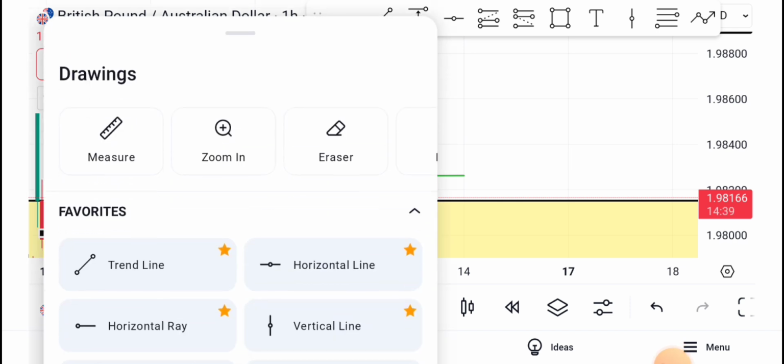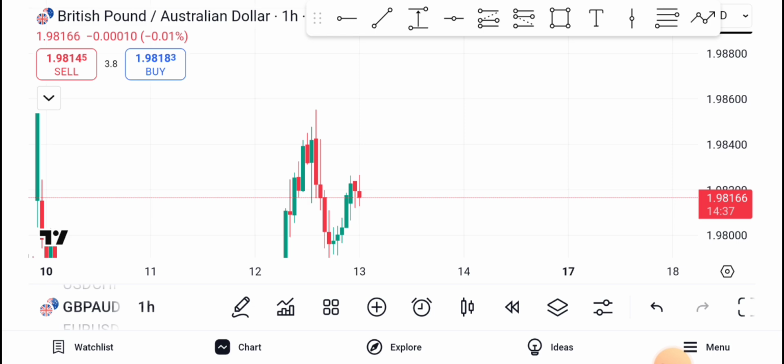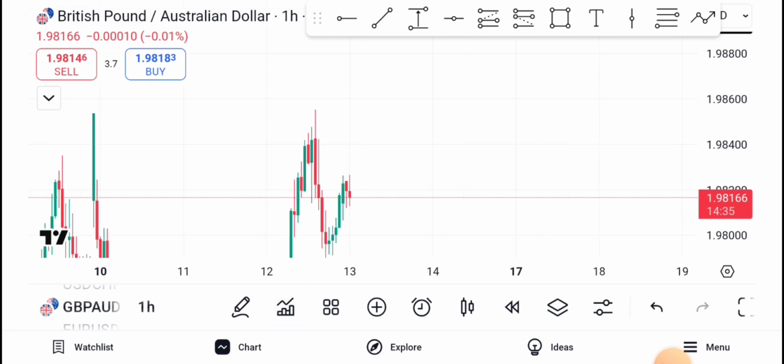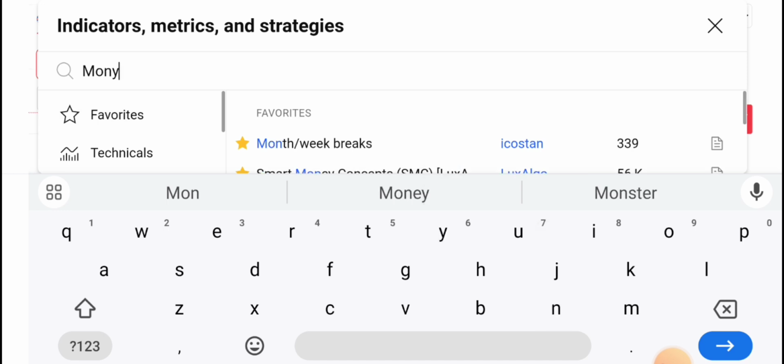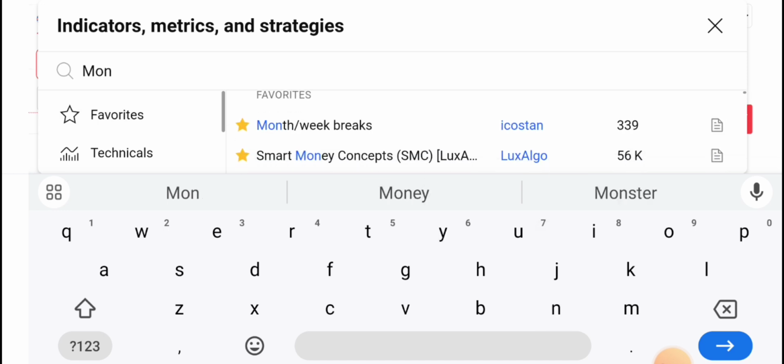So let me show you the indicator once again. Come to the indicator section, then you search for months. Sorry, months. This is the first one by Icostan.